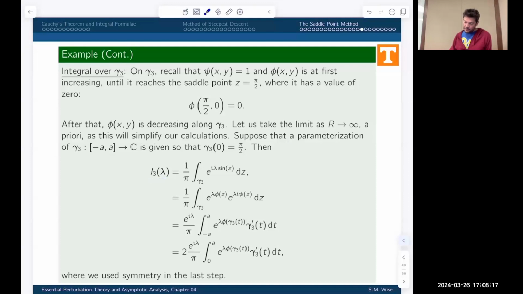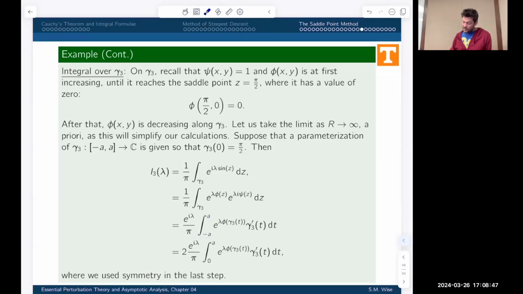When you integrate over gamma 3, the first thing I'm going to do is break rho into its real and imaginary parts. The next thing I'm going to do is evaluate z at gamma 3, and to compute this contour integral, I'm going to compute the integral from t equals minus a to plus a.